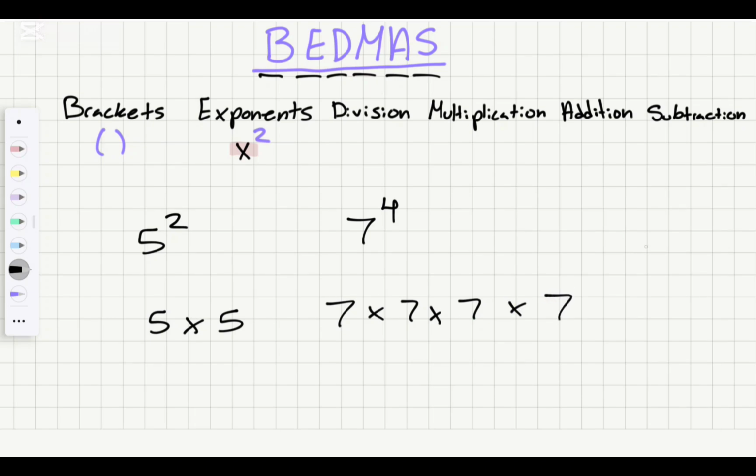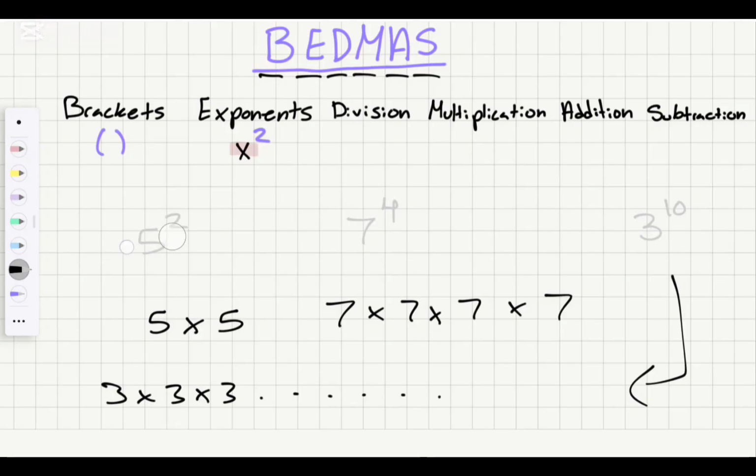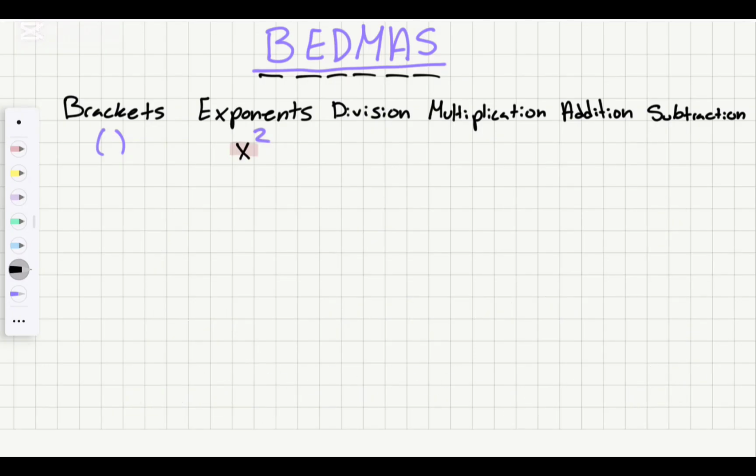And if I gave you 3 to the 10, this is like saying 3 times 3 times 3, 10 times. Alright? That's just a quick rundown of exponents in case you've never heard of them, because usually exponents are a new thing to a lot of students.